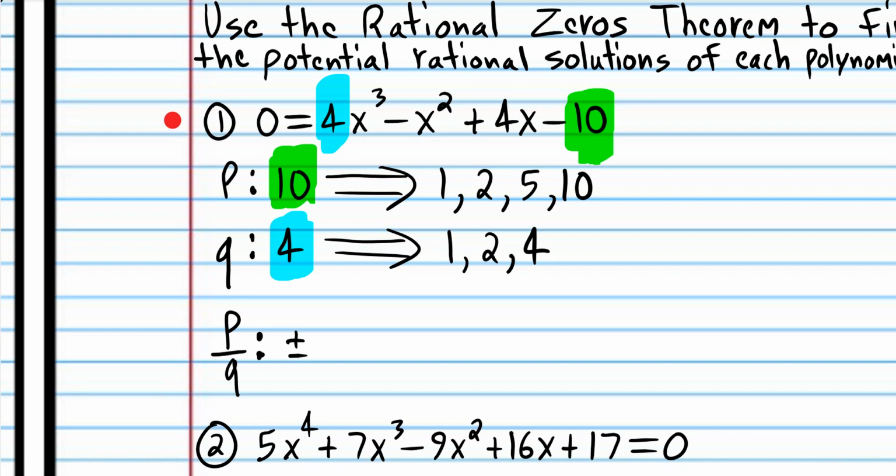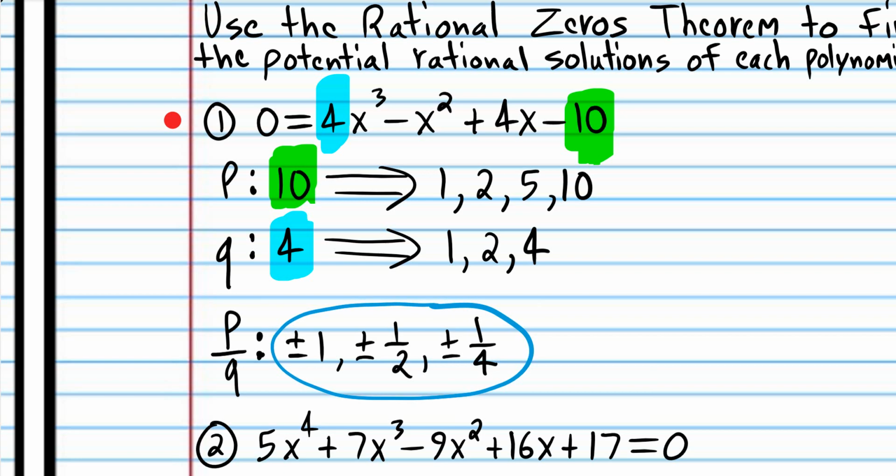So what this means is I'm going to take 1 in the first list, and I'm going to divide by all these bottom numbers on the second list. So 1 divided by 1 is 1. 1 divided by 2 is 1/2. And 1 divided by 4 is 1/4. So these numbers represent potential solutions to the equation. We don't know if these are solutions, but these are potential solutions.